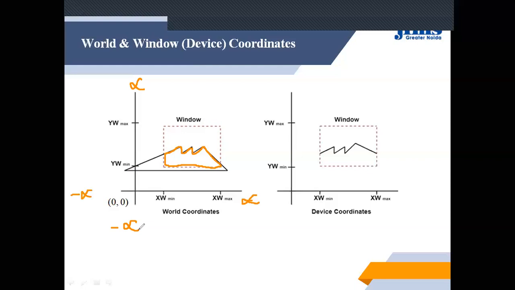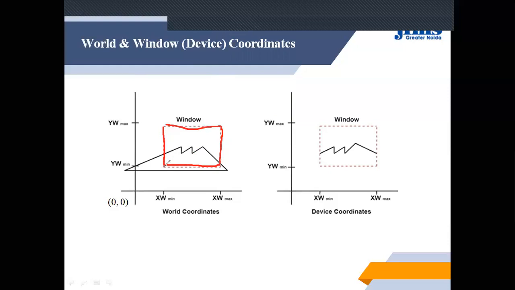Now, whatever area we want to see, that is called the window. The part of the world image that comes in between the window is called the window image.